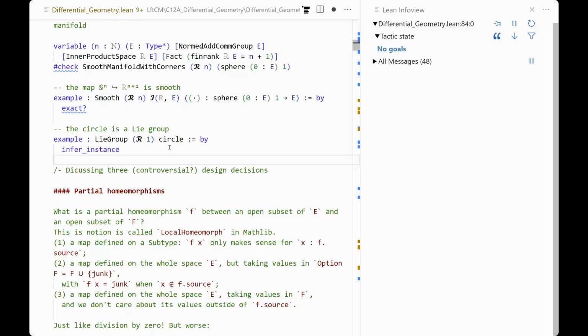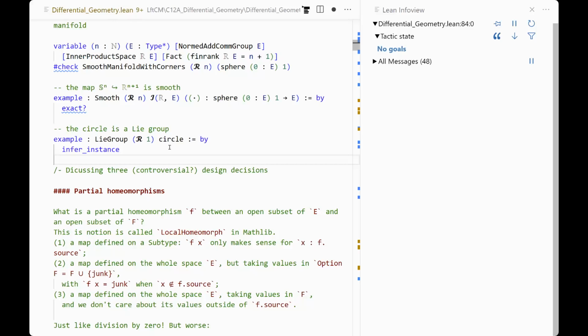We want it to be open, so some open set here, the domain, that's called S for source, and then it's a map from S into M, and then that map has a certain range, the target, and that is a perfectly well-defined definition.